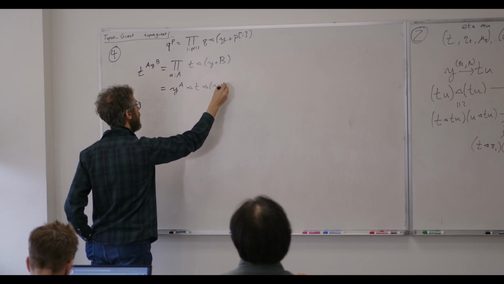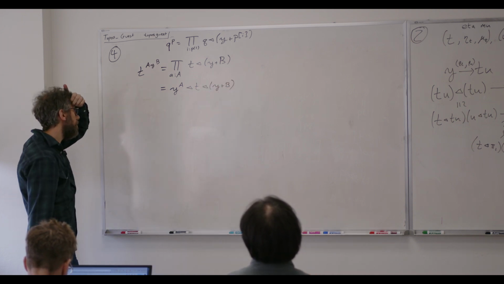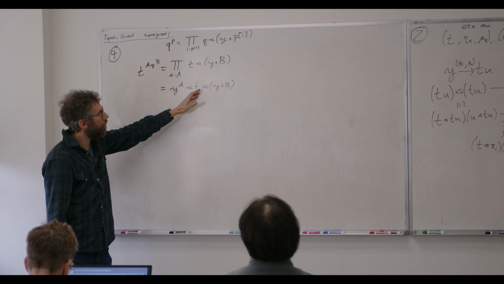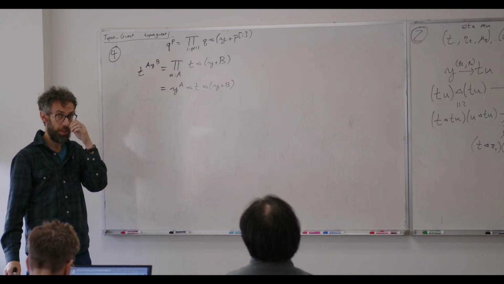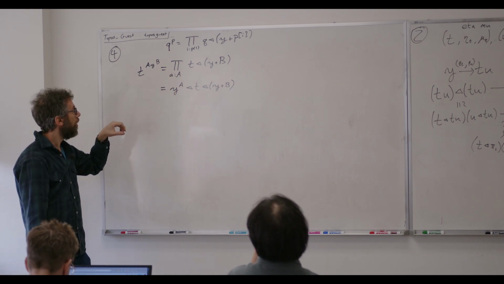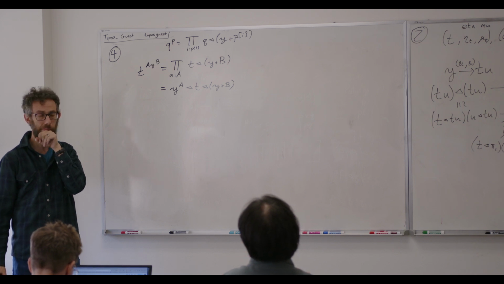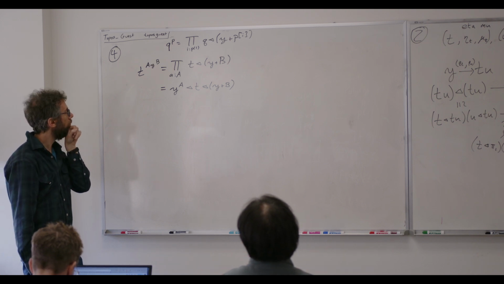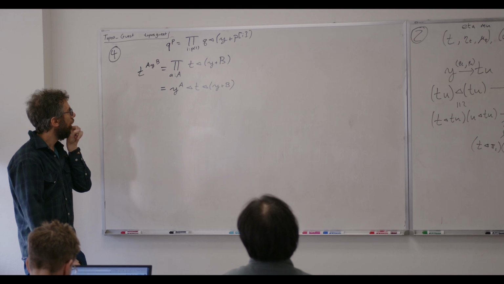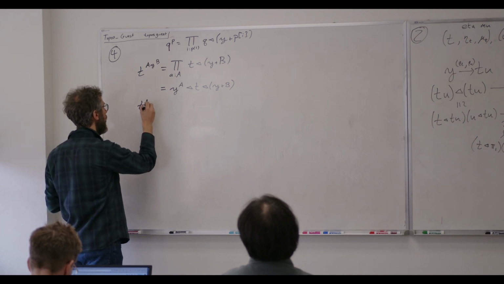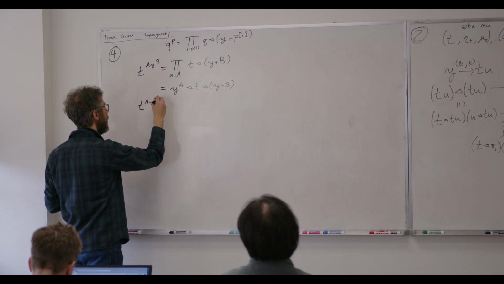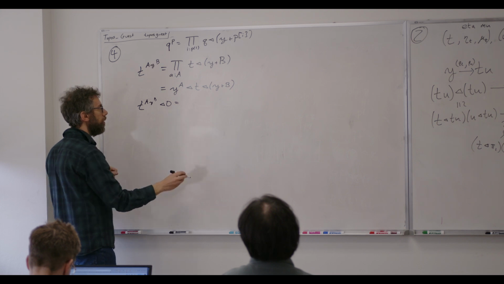Maybe this one's harder to see. Do you see it? This says for every A, give me the rest. And so what is T A Y to the B of 0?